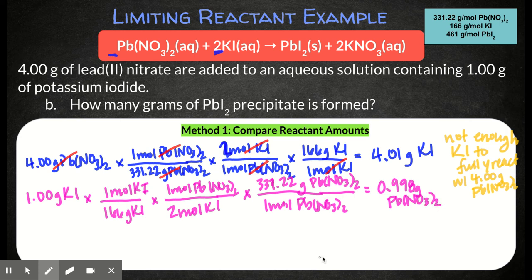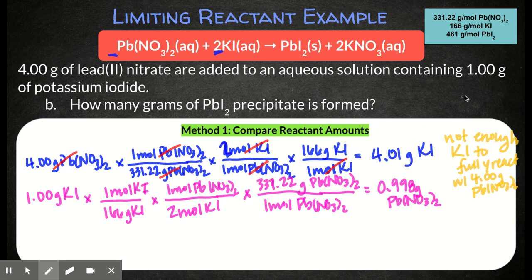Now, what do these two numbers tell me? What these two numbers tell me is that I need a total of 0.998 grams of PbNO3 to fully react with my 1 gram of potassium iodide. I have 4 grams, so I have more than enough lead-2 nitrate. However, to fully react with my 4 grams of lead-2 nitrate, I need 4.01 grams of KI.